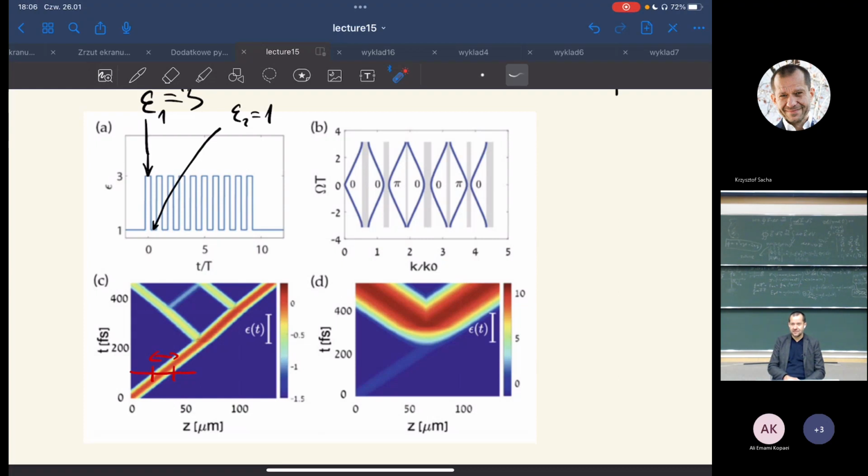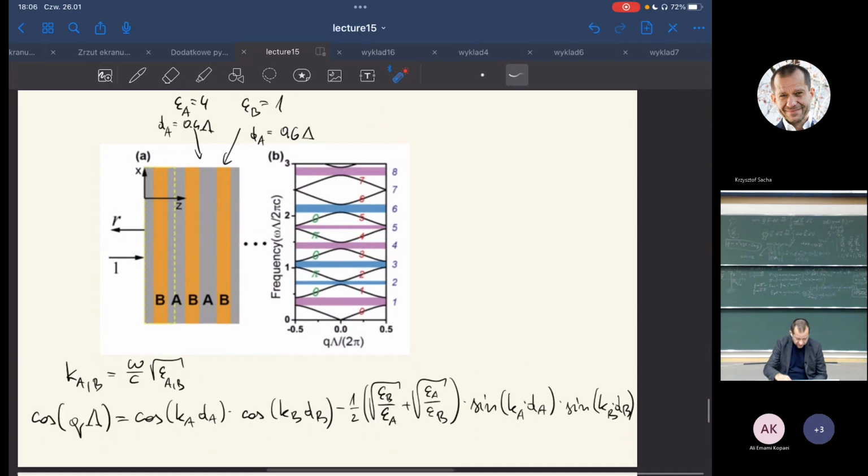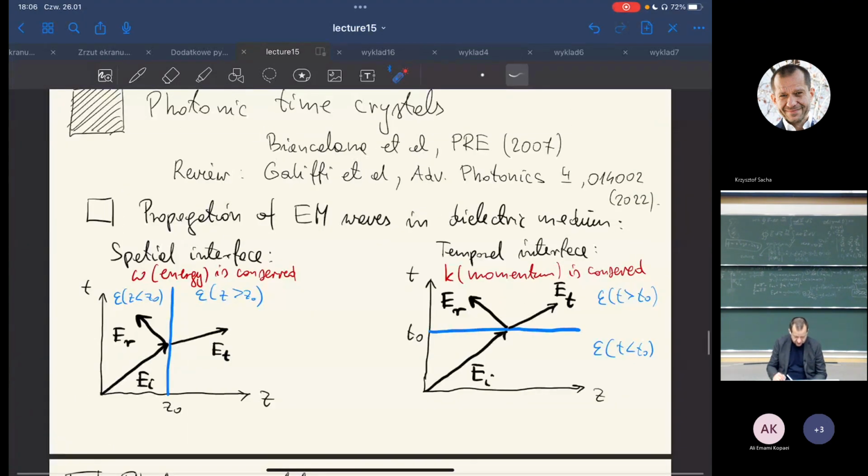This is related to the remark which I wanted to tell you, that of course the nice reflection of the wave at a spatial interface, described by the Fresnel equation, is quite strong thanks to the fact that there is an abrupt change of the system parameters in space.